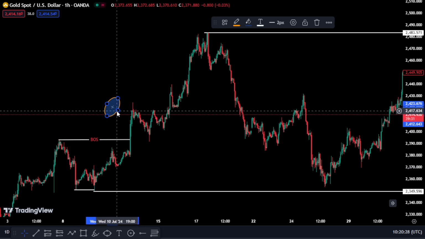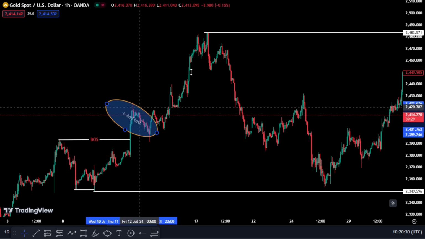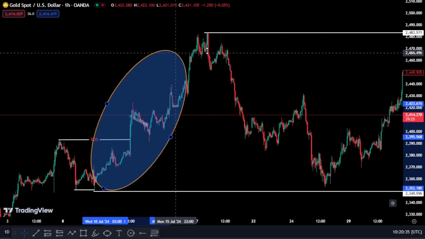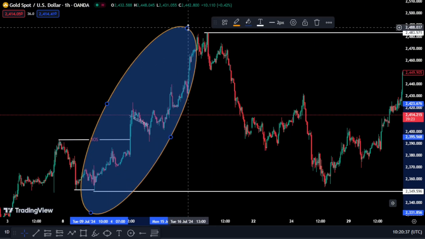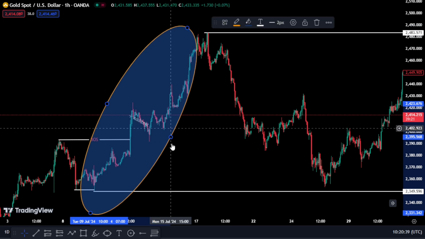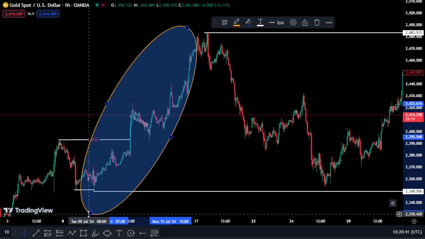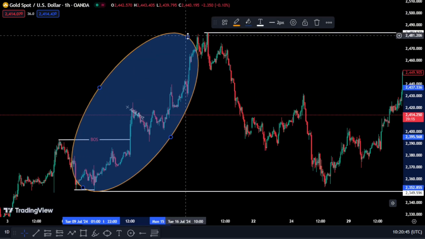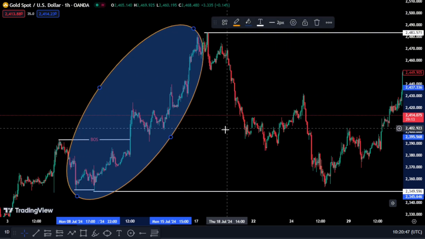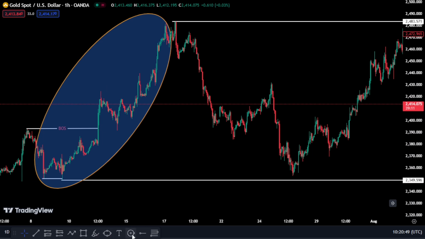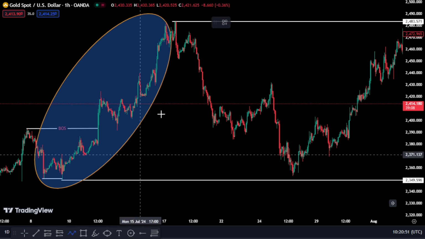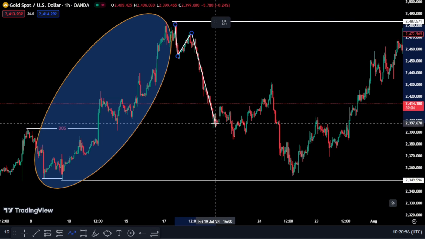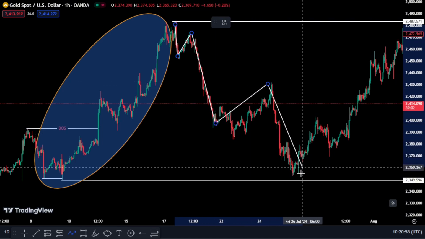The whole of that becomes our swing structure. And then you can clearly see how the market followed the substructure all the way to the downside.